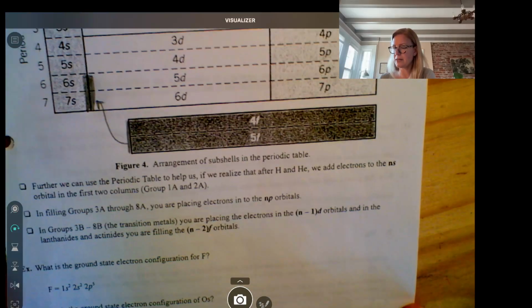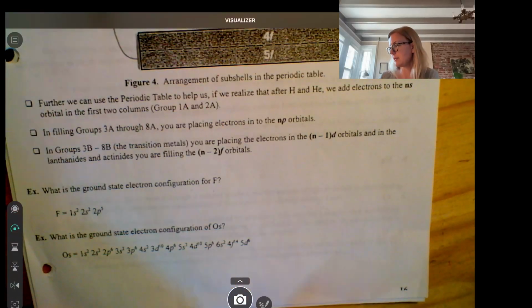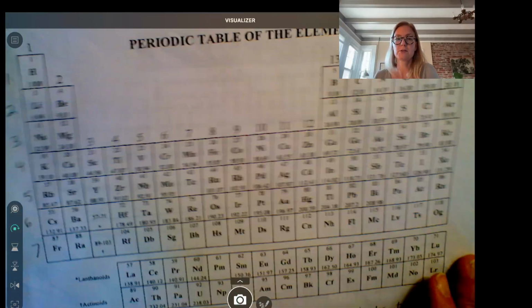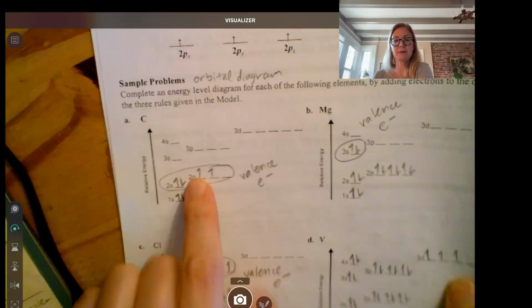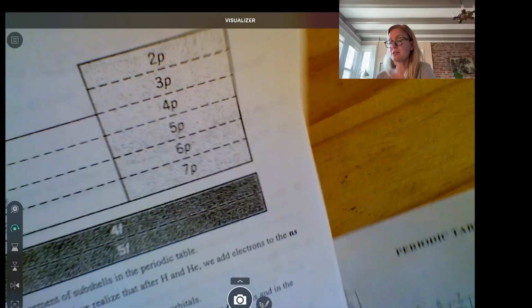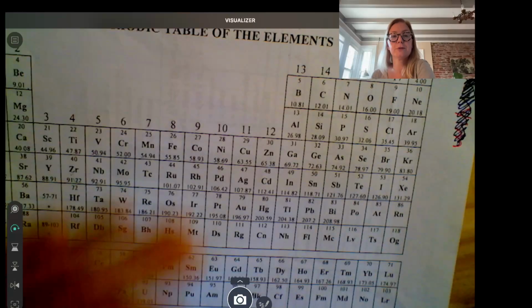So what is the ground state electron configuration for fluorine and osmium? I'm going to show you how I use the periodic table to do that, okay? So for fluorine, say I'm taking the AP chemistry exam. I don't have this orbital diagram to look at, all I have for help is my periodic table. So for fluorine, it's right here.